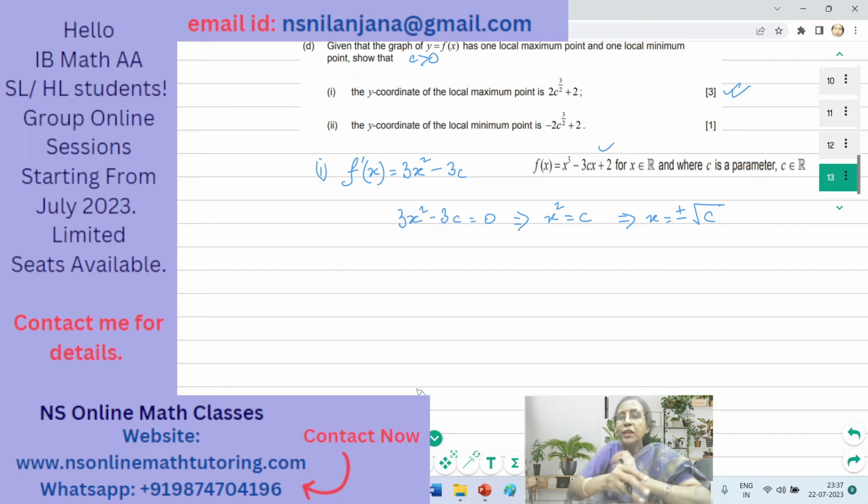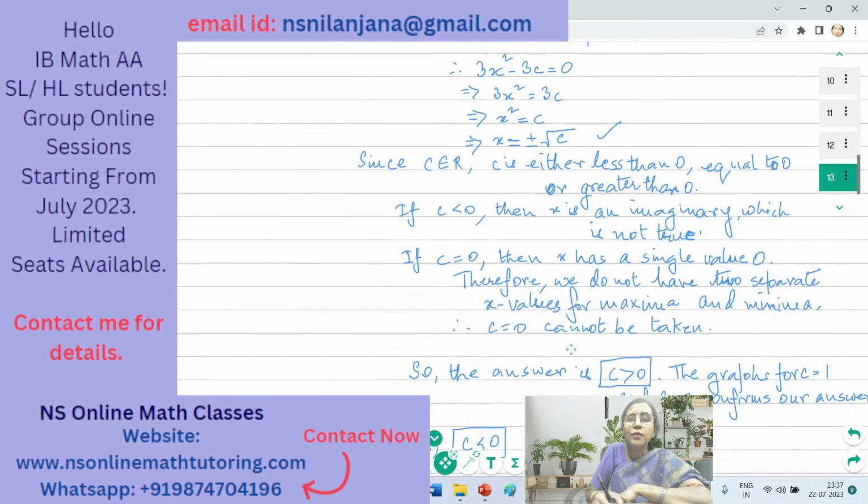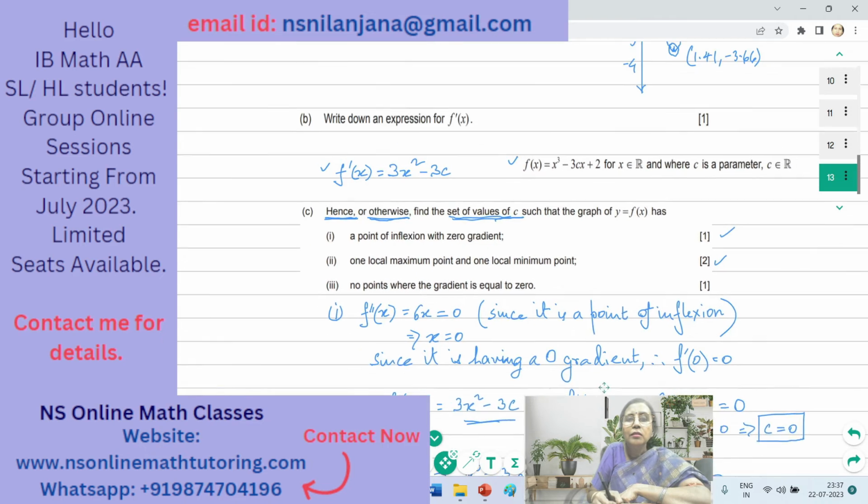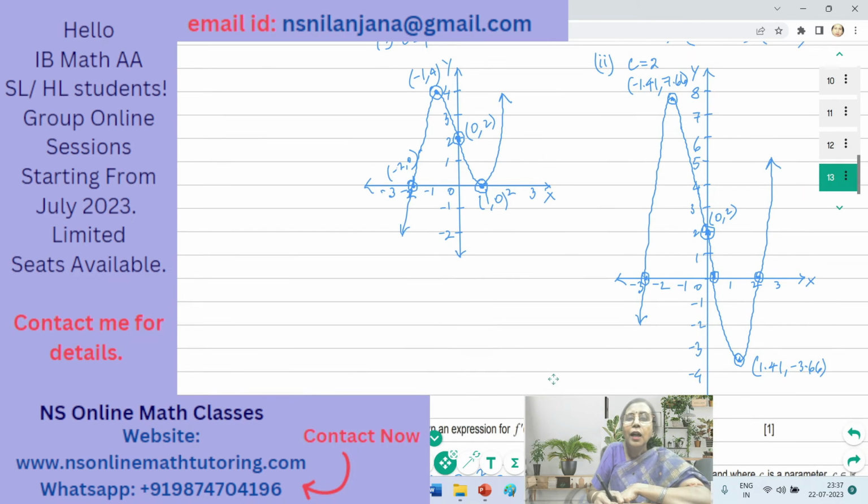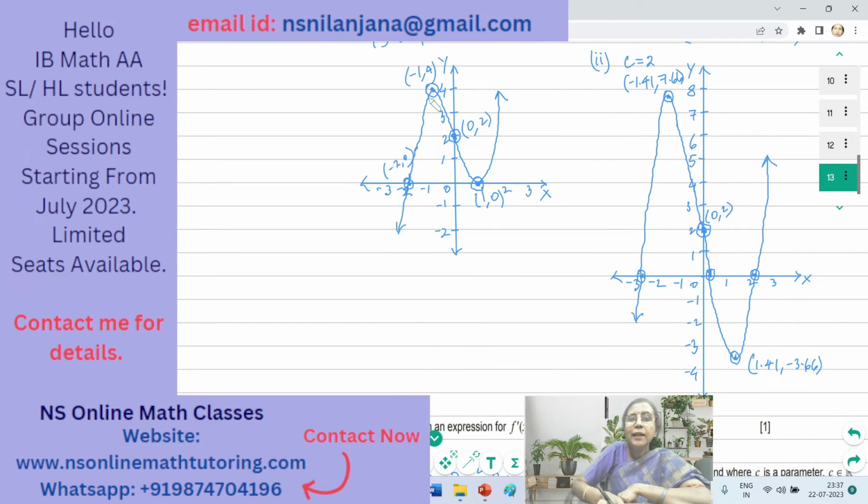Now, which point is the maximum and which point is the minimum? From the graphs we are seeing, from the two graphs that we have drawn, we are seeing that the negative value of x is corresponding to the maximum point and the positive value of x is corresponding to the minimum point.